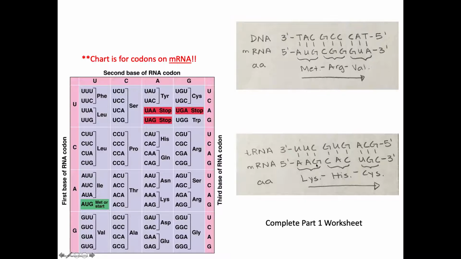What we find is, this codon specifies for lysine. This codon here specifies for histidine. And this codon here will specify for cysteine. Our amino acid sequence will go in this direction and reads lysine, histidine, and then cysteine. So please, I really encourage you guys to try to complete that chart.